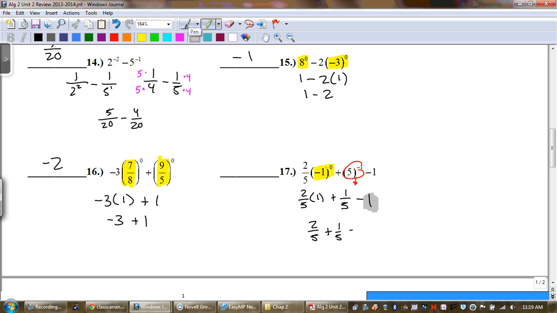So we've got that negative 1 right there, and I need it to have a denominator of 5. That's 1 over 1. So what you do to the top, you have to do to the bottom. So that turns to negative 5 over 5. Combine your like terms, and we get negative 2 over 5.